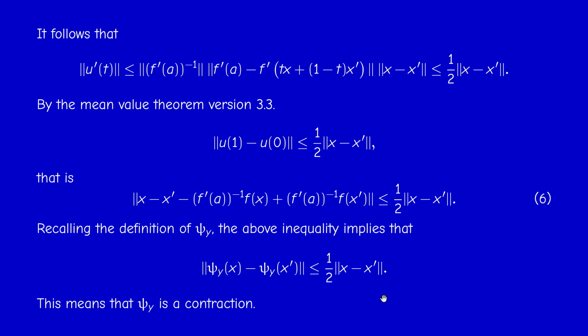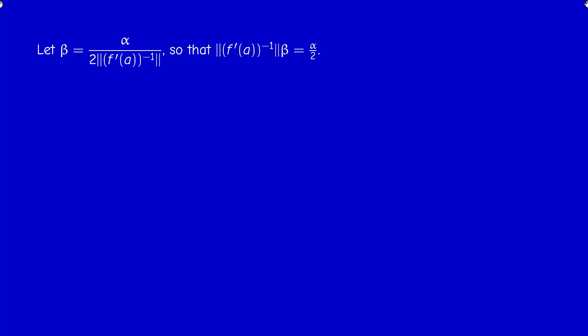Okay. But we cannot apply the fixed point theorem yet, because we don't know that psi maps a closed ball into itself. Okay, so this is what we are going to do. We choose beta to be alpha over twice the norm of the inverse of f prime of A, so that when I multiply by this norm, I get alpha over 2.